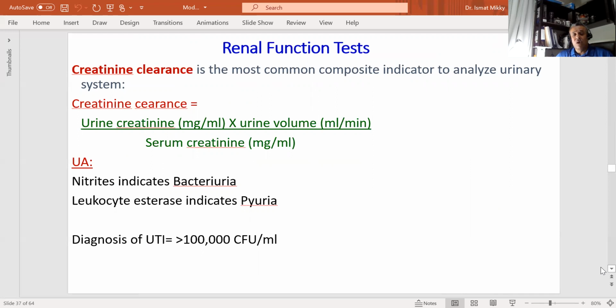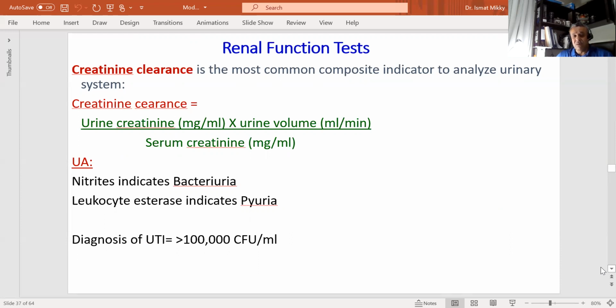We can say that the creatinine clearance is equivalent to the GFR. Creatinine clearance can be measured by collecting the urine for over 24 hours, and then we send it to the lab and wait for the results. The GFR is a blood chemistry test that you can get results for within 15, 20, maybe half an hour maximum. So the GFR is a blood test, and the creatinine clearance is a urine test.